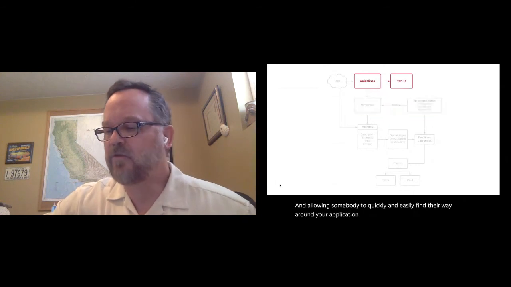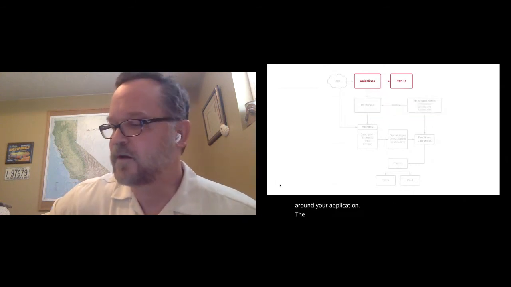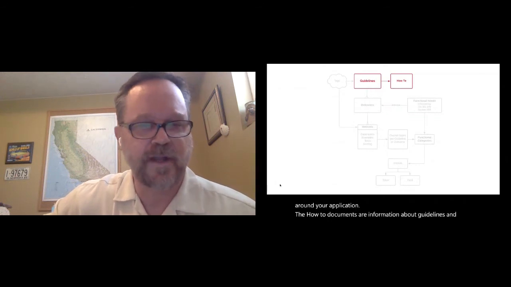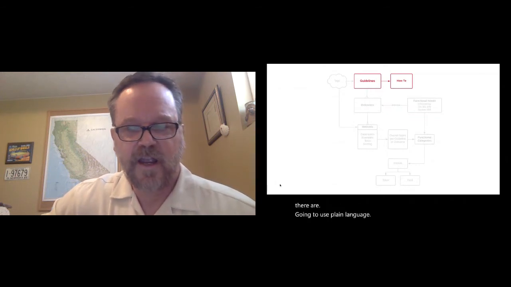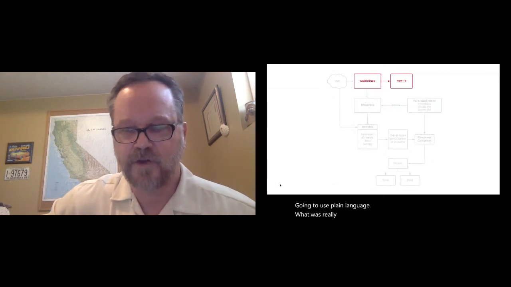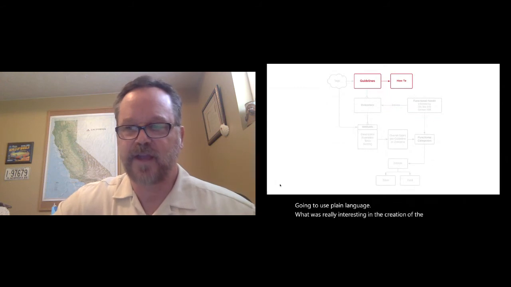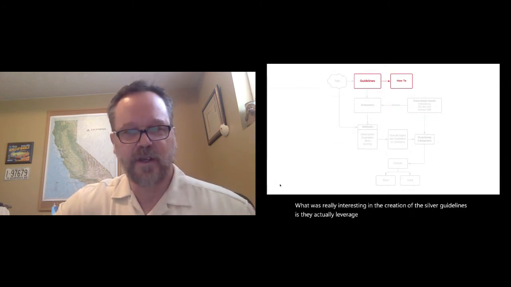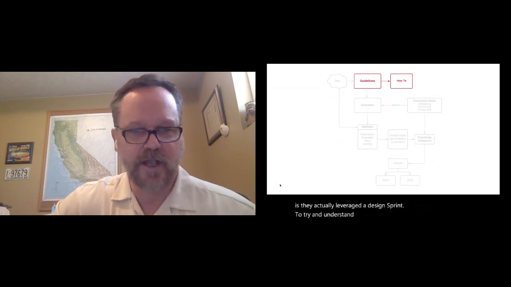The how-to documents are information about guidelines, and they're going to use plain language. What was really interesting in the creation of the Silver guidelines is they actually leveraged a design sprint to try and understand where the real needs lie.